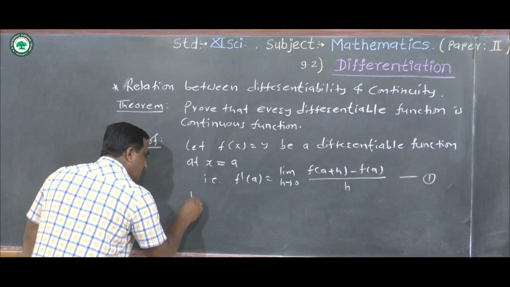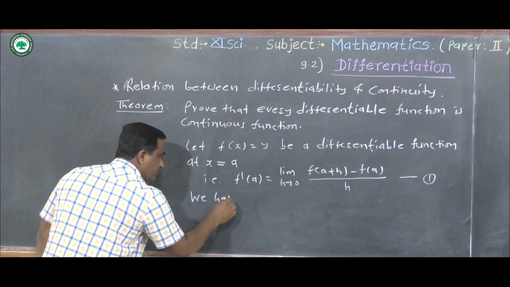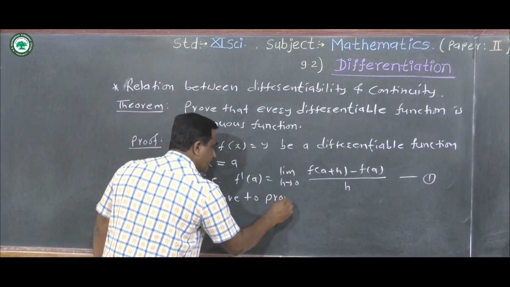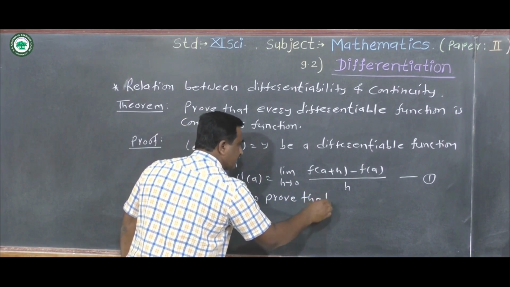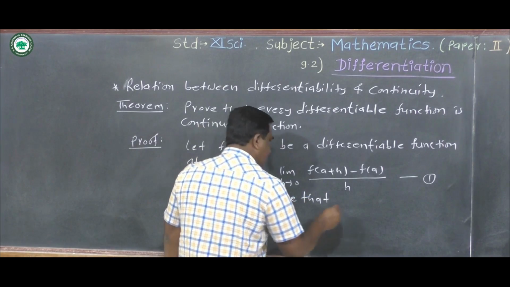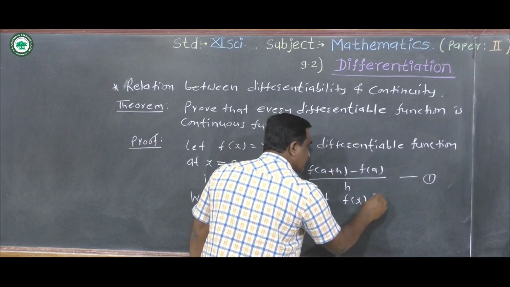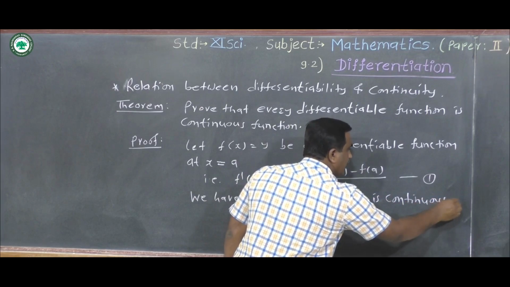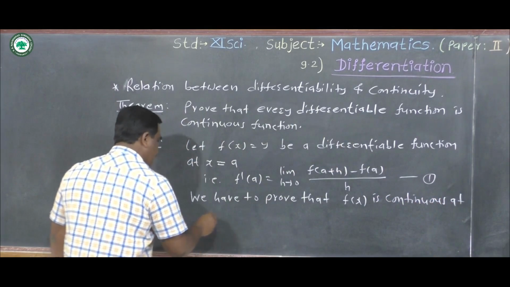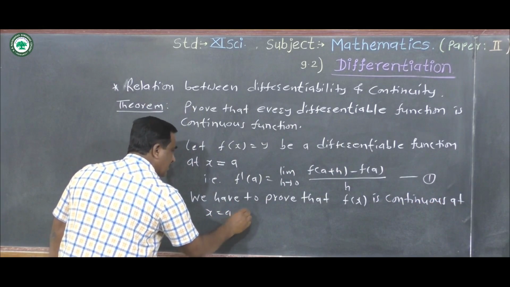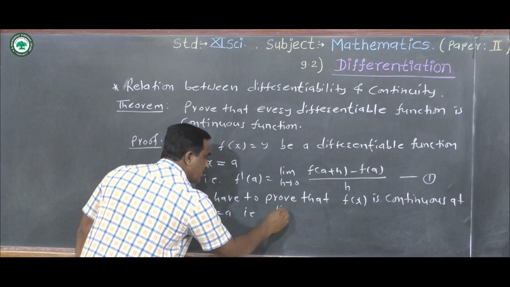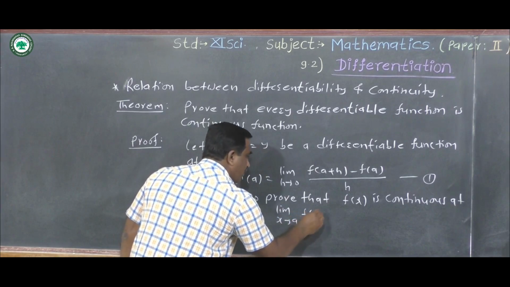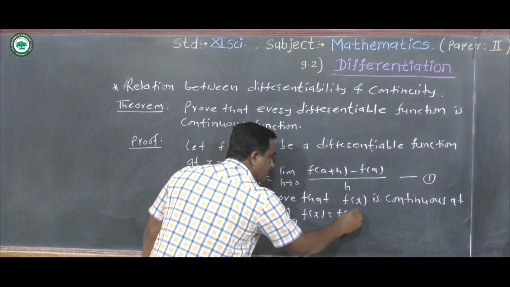We have to show, or prove, that f of x is continuous at x is equal to a. That is, to prove that limit x tends to a of f of x is equal to f of a.